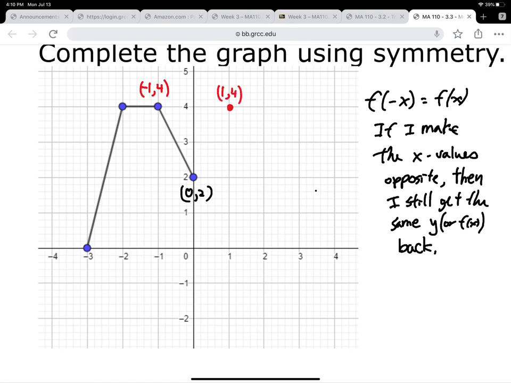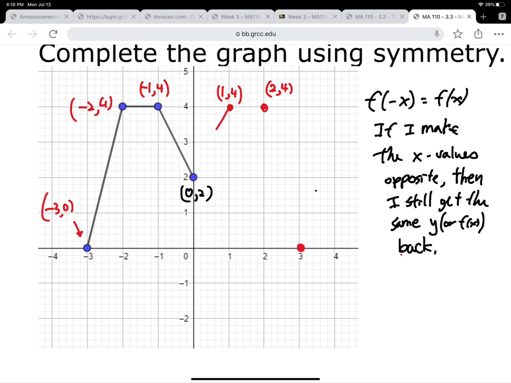This point right here is negative 2 and 4. So if you make the x opposite, negative 2 becomes a positive 2. And the y value is still the same. And look here. This is negative 3 and 0. So if you make the negative 3 opposite, it becomes a positive 3, and 0 is still 0.